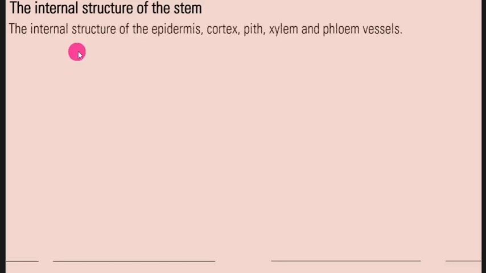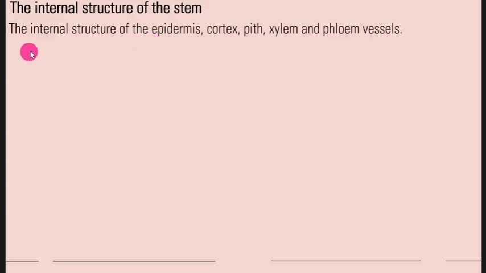All right, so now let's look at the internal structure of the stem. Now we have looked at the external. Now we want to look inside the stem. How does it look? So we are saying the internal structure of the stem consists of, there are some words that are missing here that I'm going to replace.